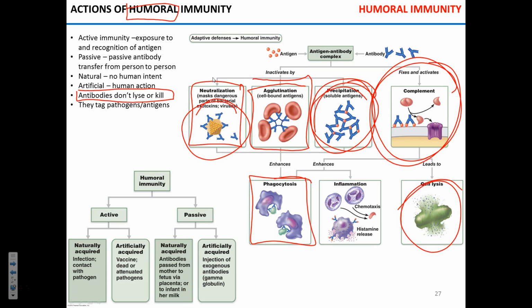Types of humoral immunity. First of all, humoral immunity can be active and passive. So active immunity is when you are exposed to a pathogen. How can you be exposed to a pathogen? What are your two options to get exposed to a pathogen?